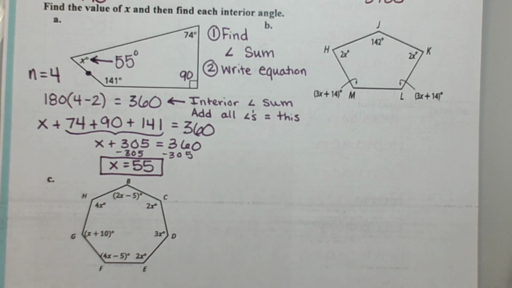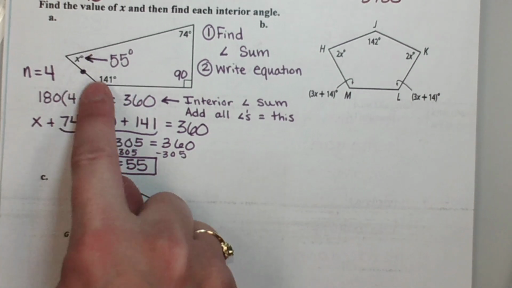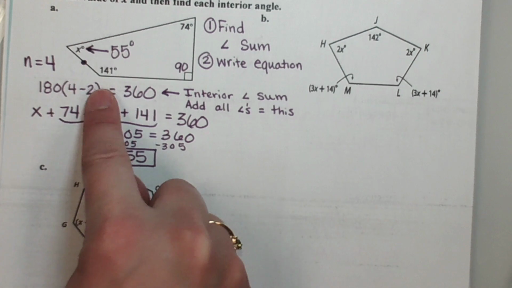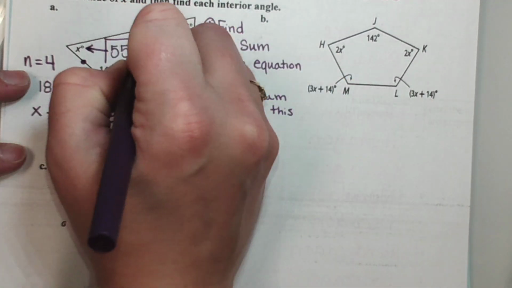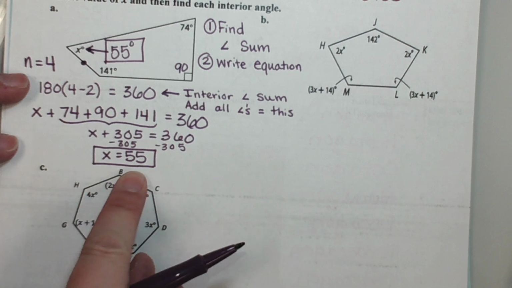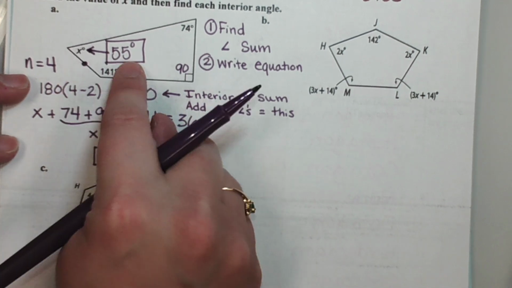Measure angle A equals number. Measure angle B equals number. If there's no letters on the corners, then just make sure I know what's what. X is 55. This one's obvious. It's the only one. Angle.